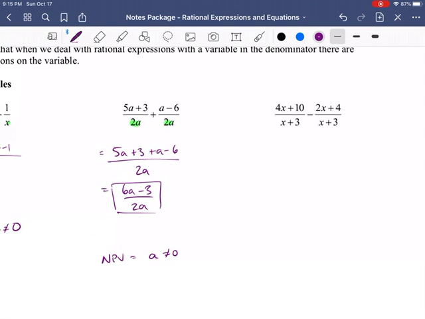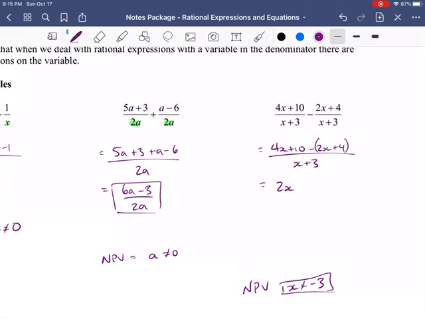Again, we have the same denominator, so let's go ahead and just add our numerators. So 4x plus 10 minus 2x plus 4 over x plus 3. And our non-permissible values, x cannot equal negative 3. Collect some like terms up here. So 4x minus 2x is 2x.